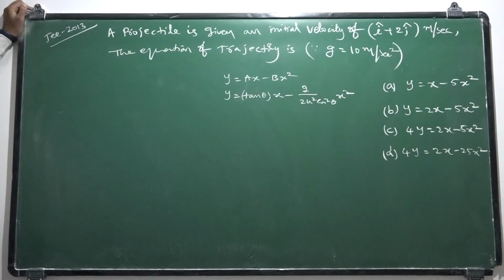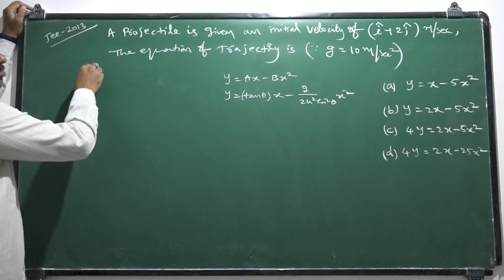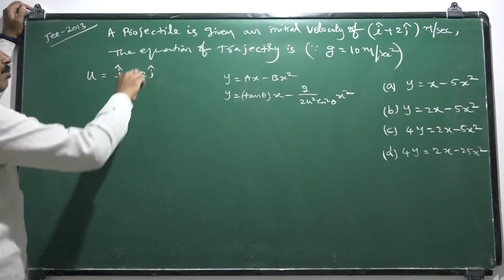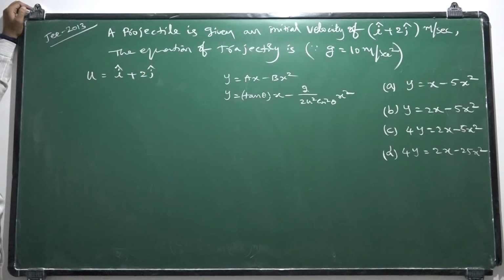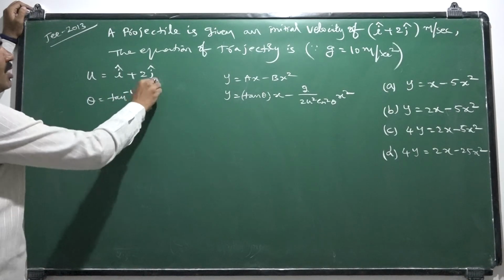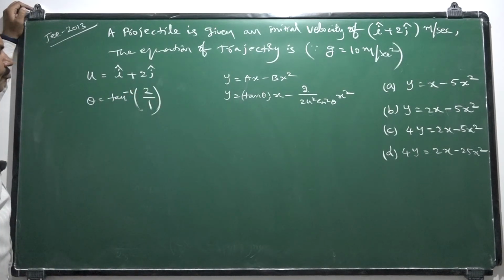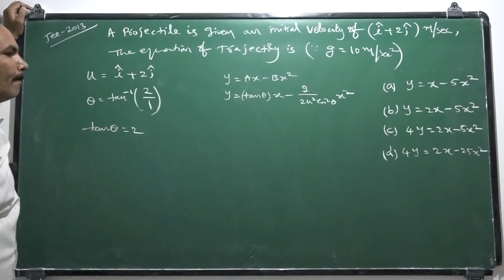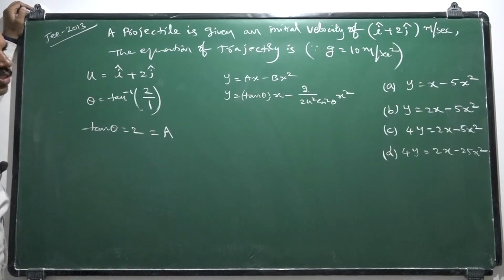Now here in this problem, you are provided with initial velocity of projection u is equal to i cap plus 2j cap. If you want angle of projection, that is nothing but the direction of vector, tan inverse y component by x component. So the direction of this vector is tan inverse 2 by 1, or simply say tan theta is equal to 2, which is nothing but the value of a. It's very simple.